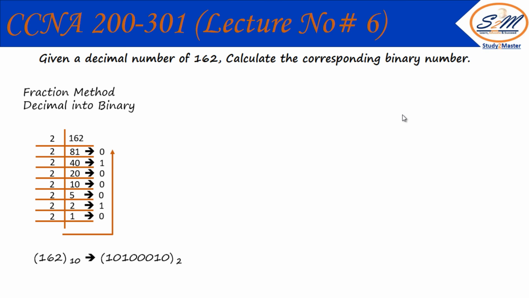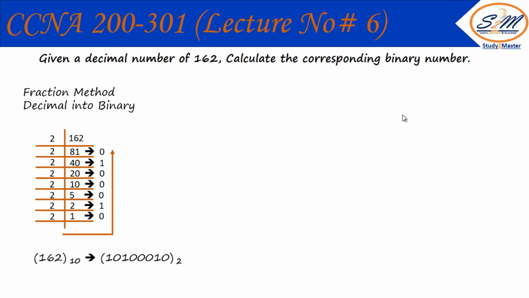So we divide it. It is 82. The remainder is 0. Then we divide 82 by 2. It's 41. The remainder is 0. Again we divide 41 by 2, it's 20 and the remainder is 1. We divide 20 by 2, the remainder is 0. We divide 10 by 2, the remainder is 0. We divide 5 by 2, the remainder is 1.